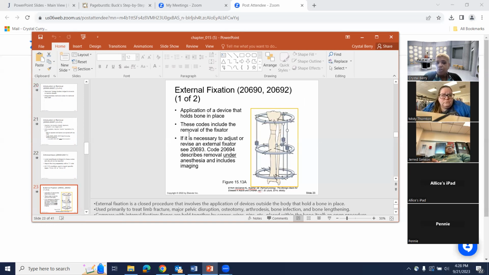These codes include the removal of the fixator. If it is necessary to adjust or revise an external fixator, see 20693. Code 20694 describes removal under anesthesia and includes imaging. It's a very short section.